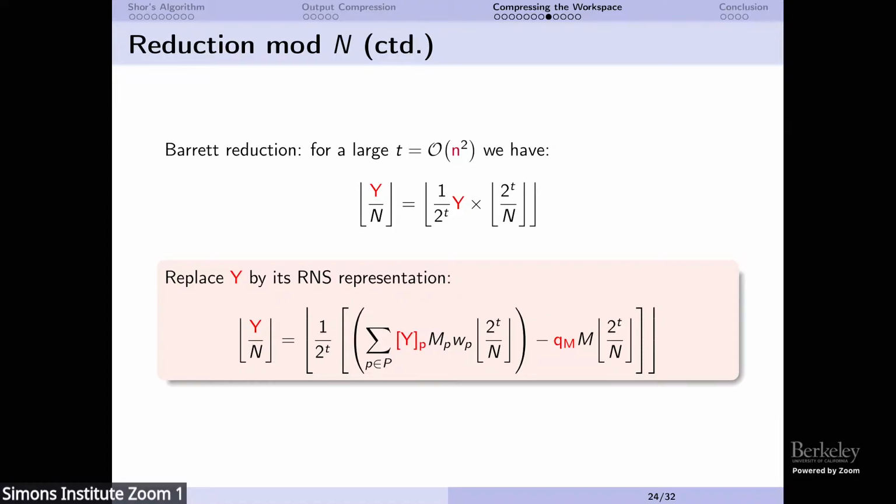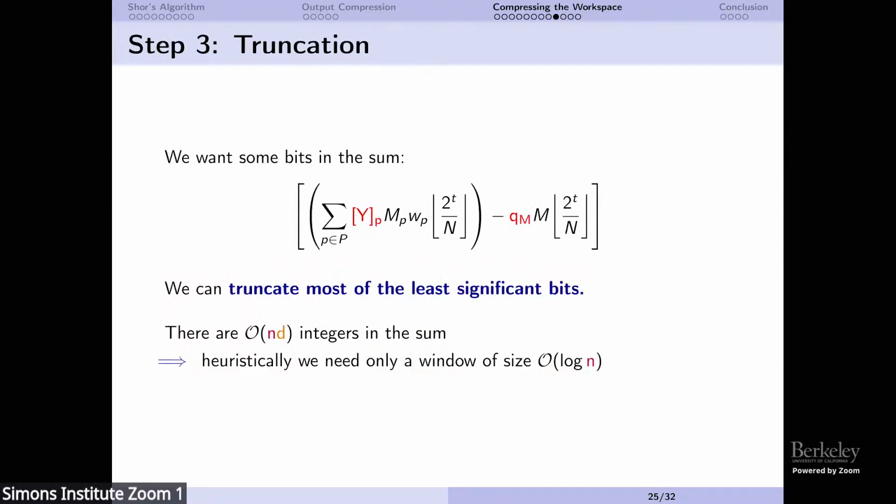And that's just because carries, when you do a sum, don't propagate that much. In more detail, you can just take this and truncate everything to some position. You truncate most of the least significant bits, and the only window size you need to keep when you're summing n squared integers is log n. It's of the order of log n bits.